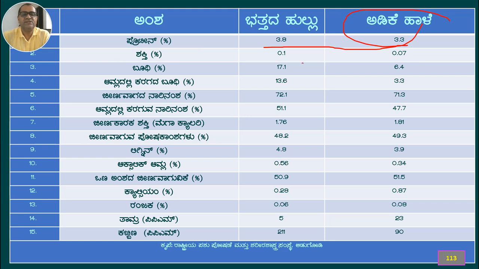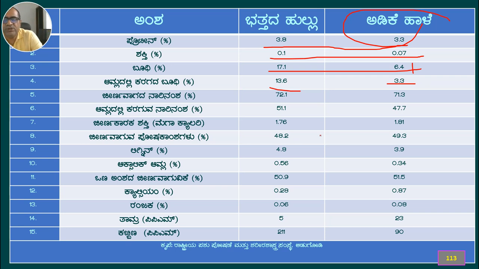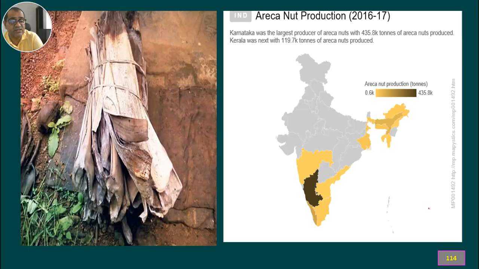Then energy is also very deficient, 0.07. Acid insoluble ash is 6.4%. It is more in the paddy straw compared to the areca nut spade. Lignin is also there in the paddy straw, and it is less in the areca nut spade. It also contains calcium and phosphorus to the extent of 0.87 and 0.8%, and copper and iron are also present.